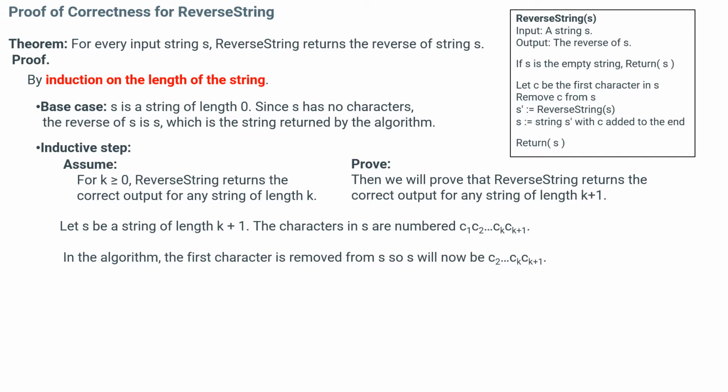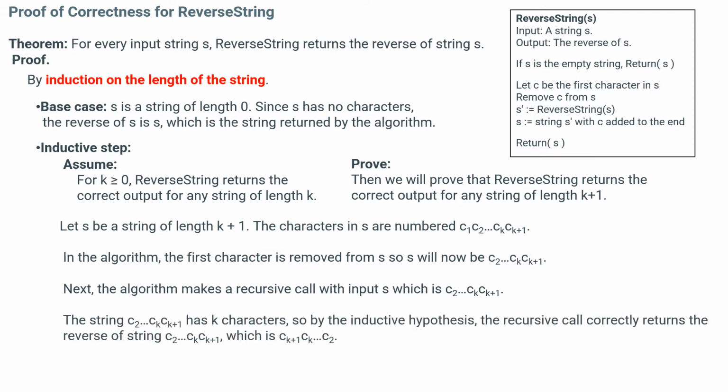Up here in the right in this box, it's reminding us what we do, and that's the first thing we would do. Let C be the first character and then remove it. Now the algorithm is going to make a recursive call with this new string that's missing the first character, and it starts at C2 up to C k plus 1. But now here's where we get to use our assumption.